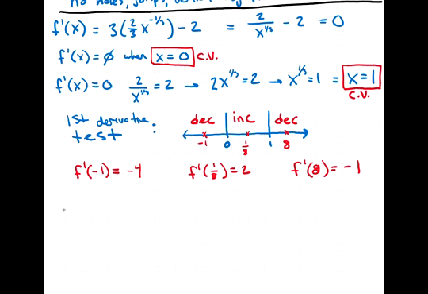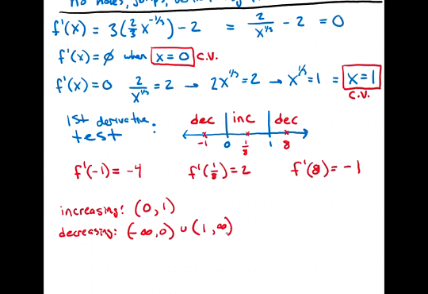So what do we know? We know where the function is increasing, we know where the function is decreasing. So the function is increasing on the interval 0 to 1, and the function is decreasing from -infinity up to 0, and is also decreasing from 1 to infinity.